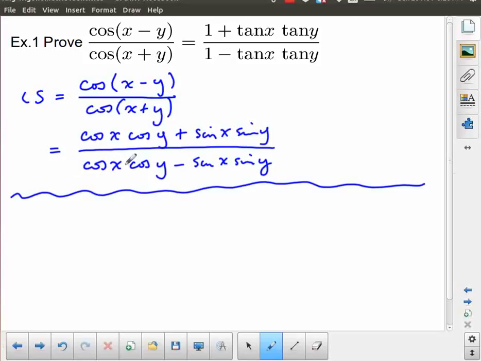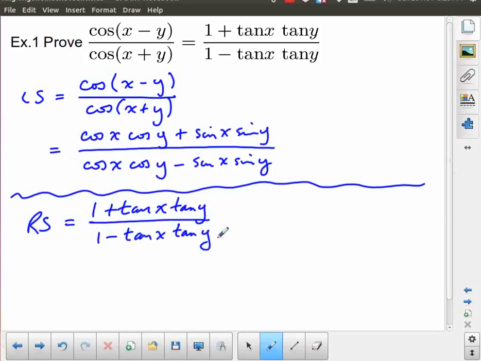I've come as far as I can here, but I don't see the path forward, or a way that I can change this that won't make the whole thing more complicated. So now I'm going to go to the right side, which is 1 plus tan x tan y over 1 minus tan x tan y.